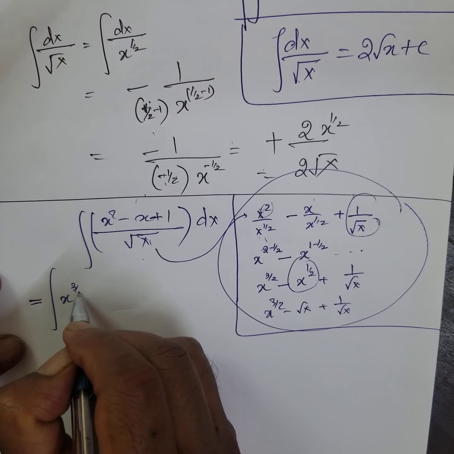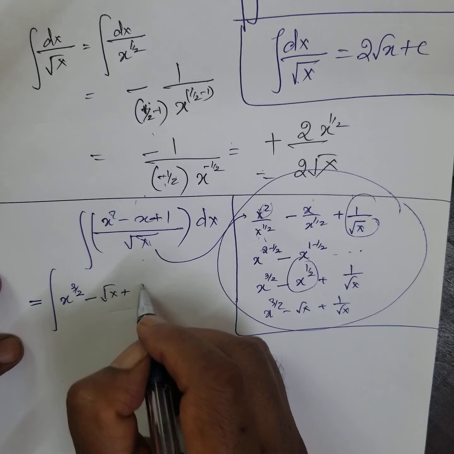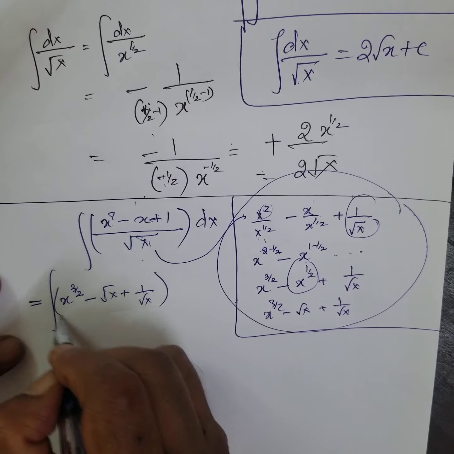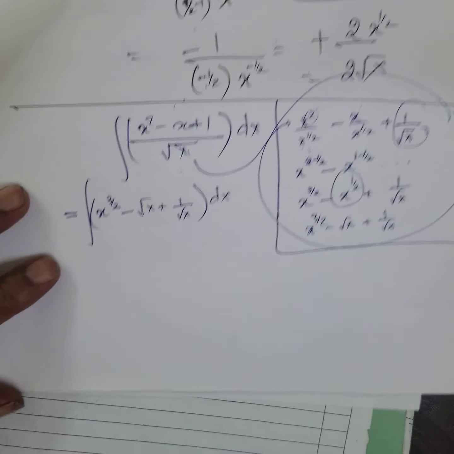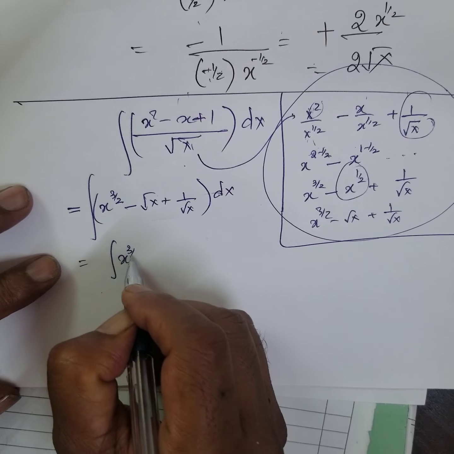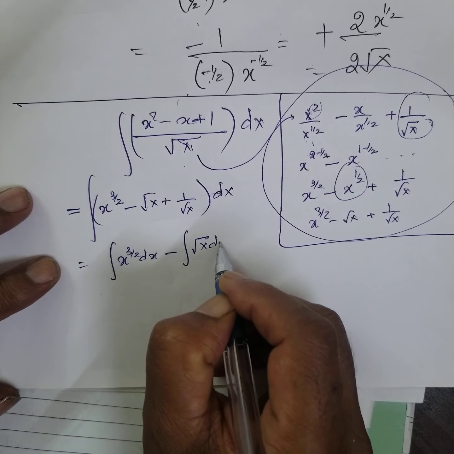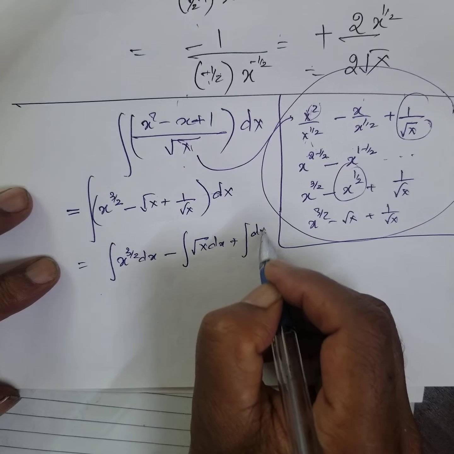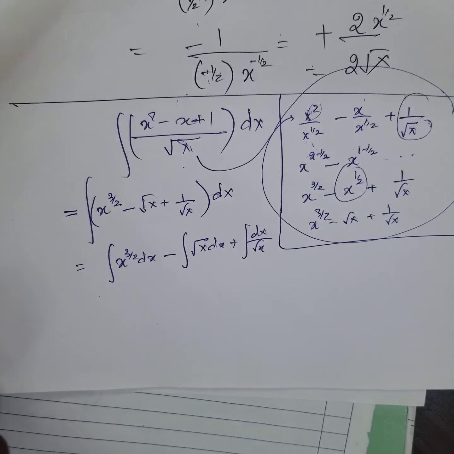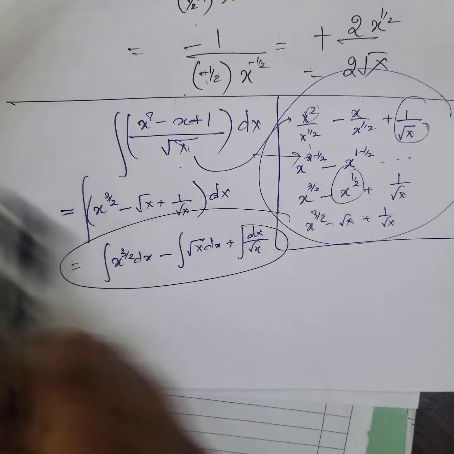So x to the power of 3 by 2 minus root x plus 1 by root x dx. In normal condition, some students will be doing like this. In fact, this step we can eliminate. This you have to calculate mentally.